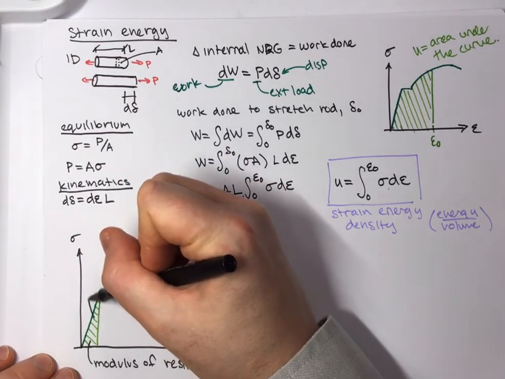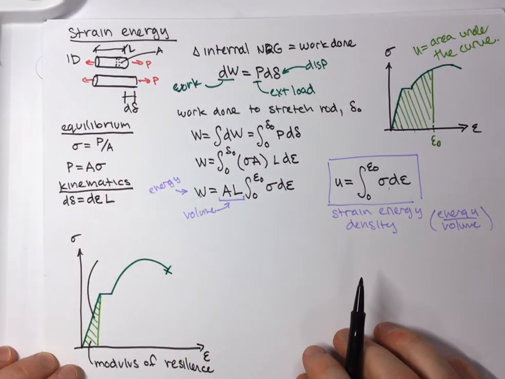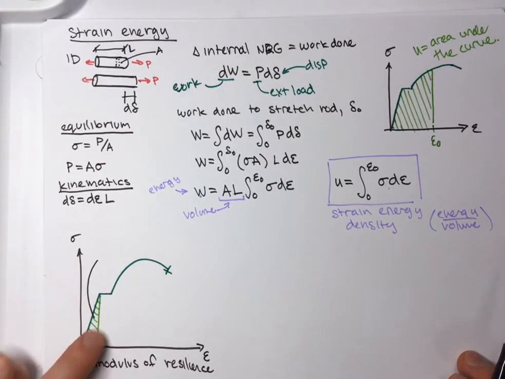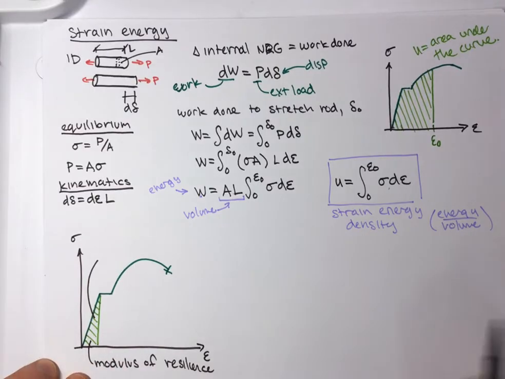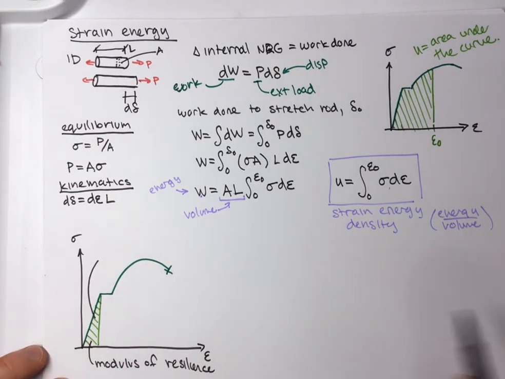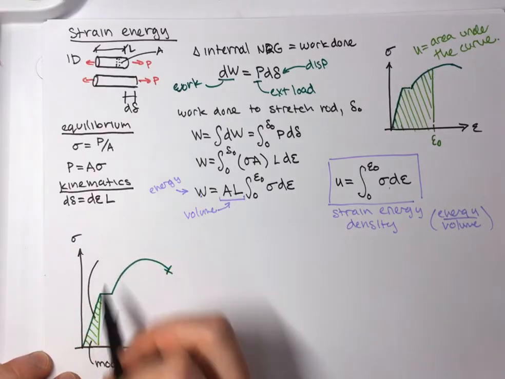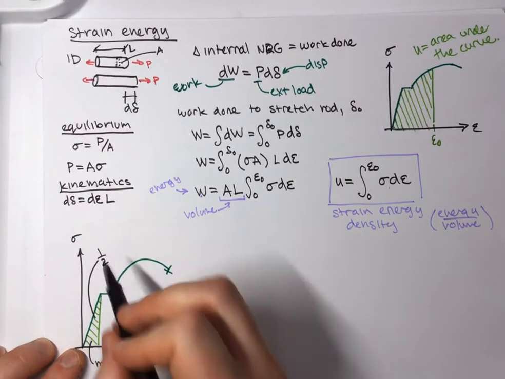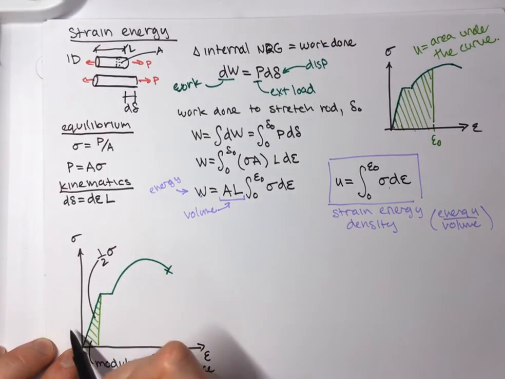And if you want to calculate the strain energy density while the material is still elastic, so as long as stress and strain are proportional to one another and related by the elastic modulus, you could say that the area is just going to be 1/2, because it's a triangle, times the value of the stress times the value of the strain.